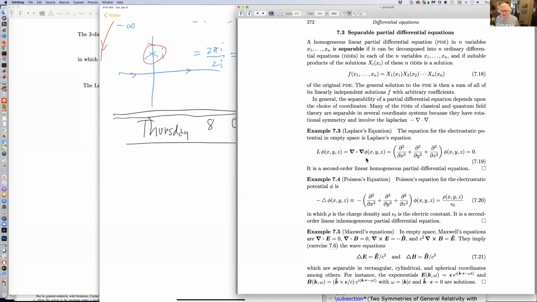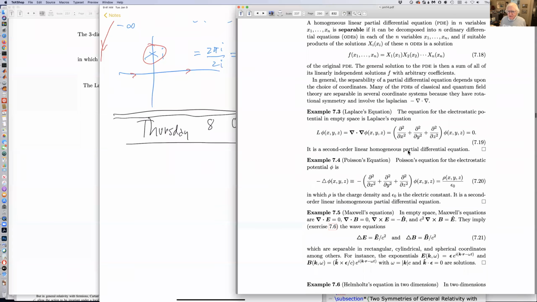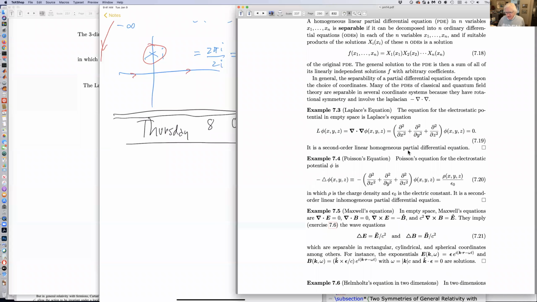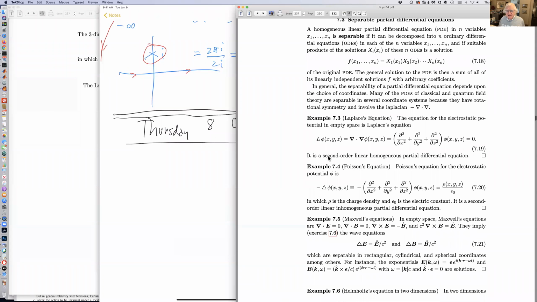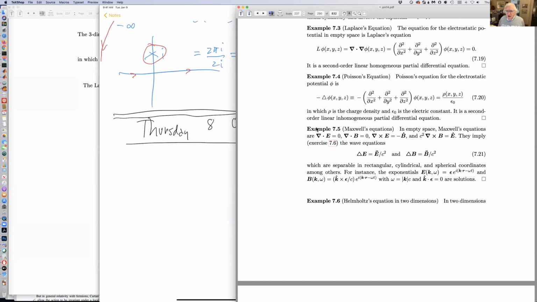So there are various examples here. And so I guess I'll go through some of them. Normally I skip most of the examples, but these examples are so important in physics that I thought maybe I would do some of them.